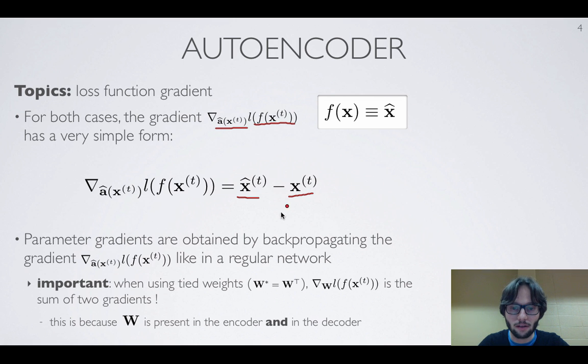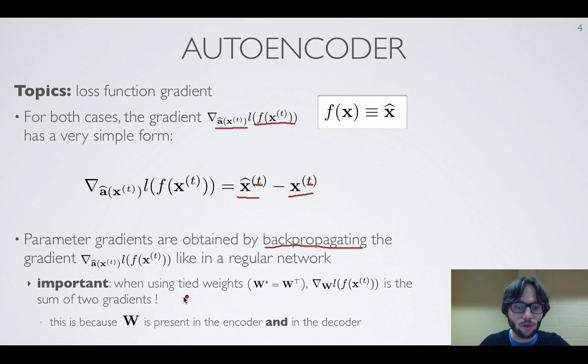So I'm indexing the input here, and I'm also putting the index for the reconstruction to say that this is the reconstruction of that input. You can do the math to verify this, but it turns out that it has a very simple form. And then to get the gradient with respect to the parameters and perform gradient descent, we can just use regular backpropagation like we've seen before, because an autoencoder is really just a feed-forward neural network, and just backpropagate the gradients towards all the parameters.